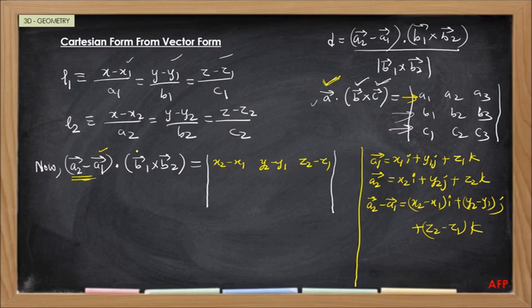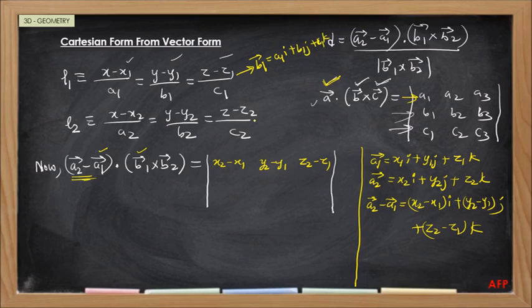Okay, so now the coefficients of the B vectors. According to this line, the B1 vector is equal to a1 i plus b1 j plus c1 k.